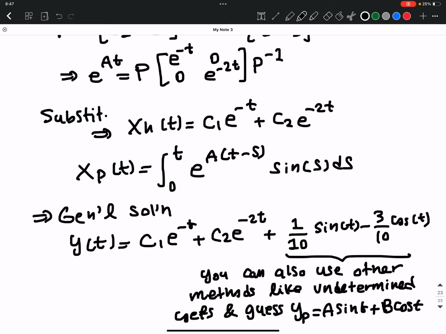Our non-homogeneous part is a sinusoidal function, so we can use other methods like undetermined coefficients and guess that our solution should also have a sinusoidal form.